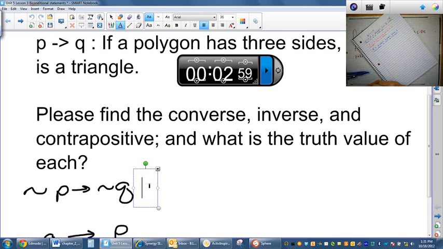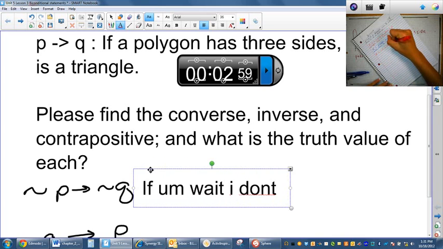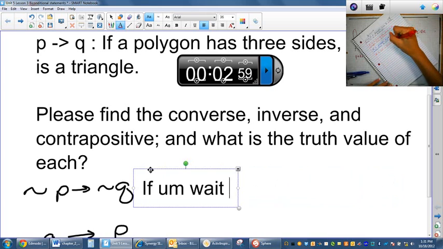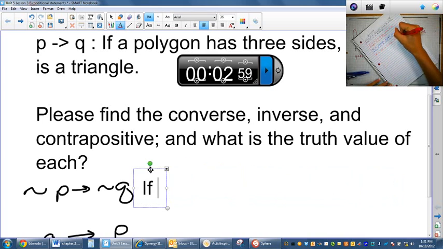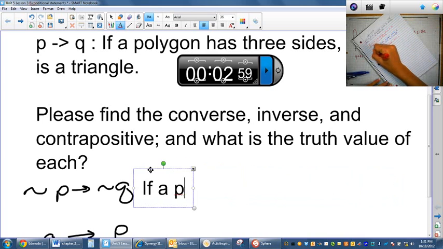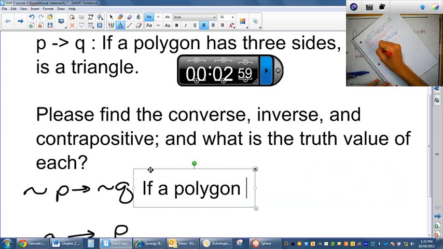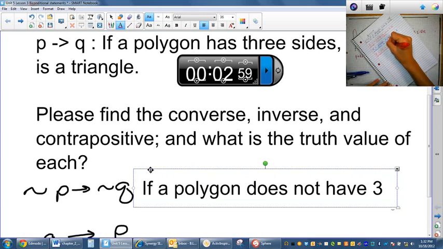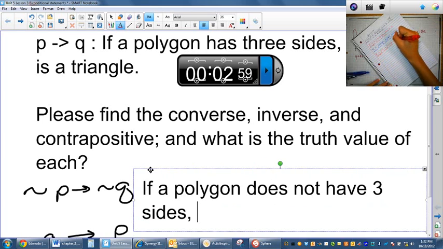What would the inverse be? If a polygon does not have three sides, then it is not a triangle.